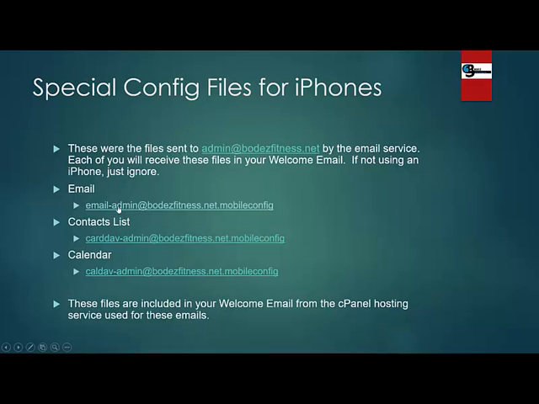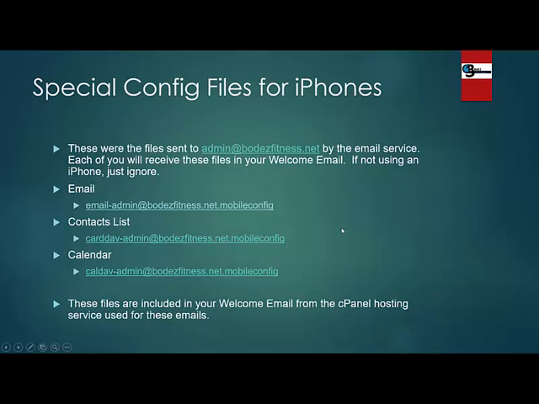And again, these files were included in your welcome email from the cPanel hosting. And what you'll see is that it'll be email-firstname.lastname@bodezfitness.net.mobileconfig. In order to be able to use this, you'll have to use an email application and forward this to your phone, because it must be saved on your phone either from a web page or an email.